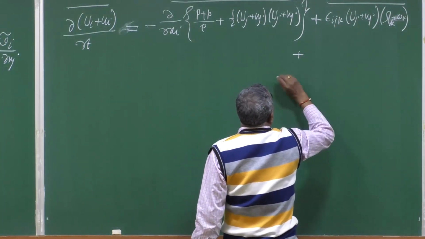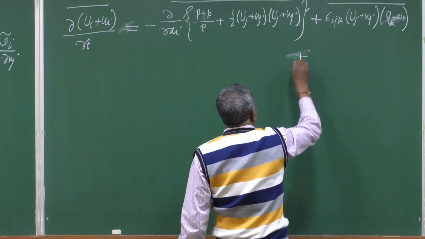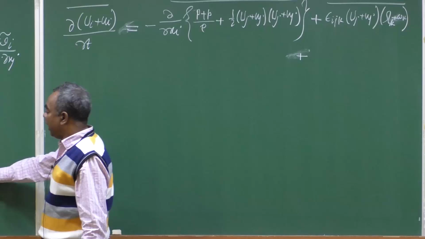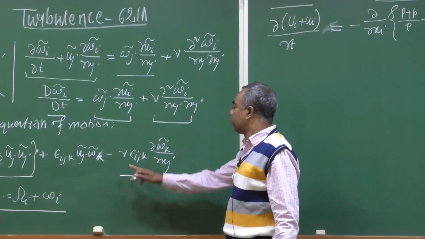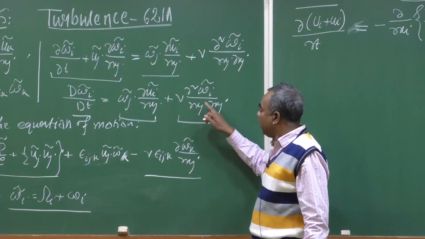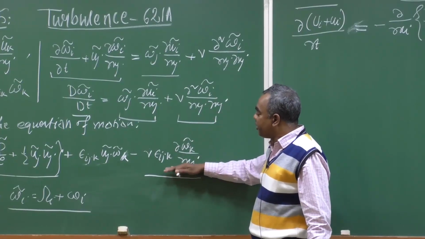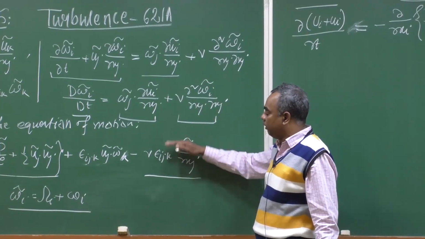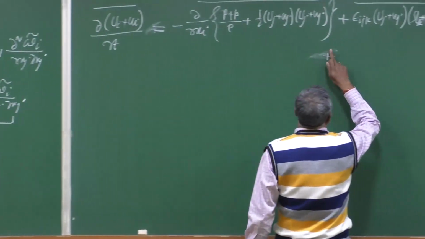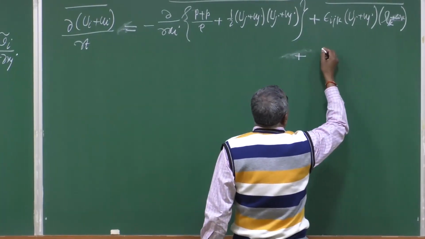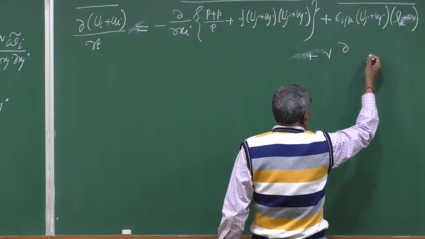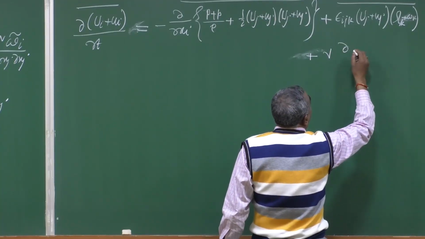And this particular quantity, instead of writing in this fashion, we can also, I mean, this is coming directly from the viscous part of the velocity or momentum equation. So, let us keep this as it is for our easier comparison which we are going to do in this particular analysis.